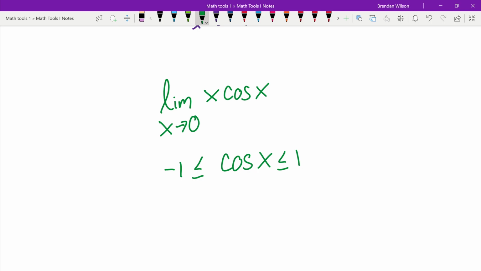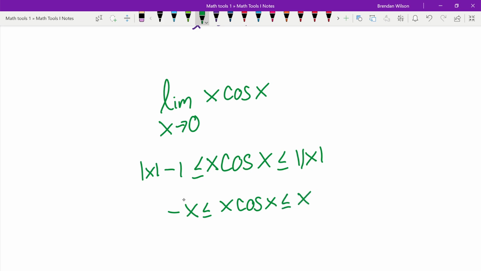So if we multiply everything on every side by x, and we should technically use the absolute value of x, but it doesn't really matter if you flip the signs, everything would still end up the same way. So we'll have negative x is less than or equal to x cosine x is less than or equal to x.